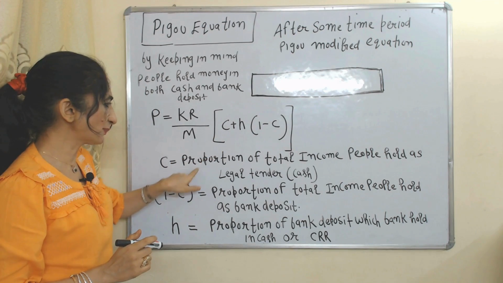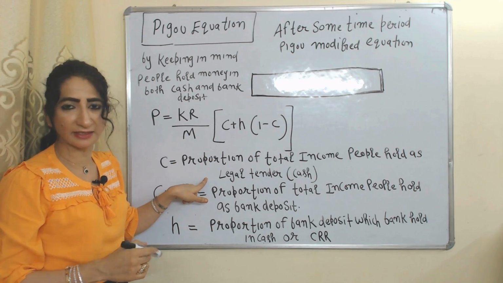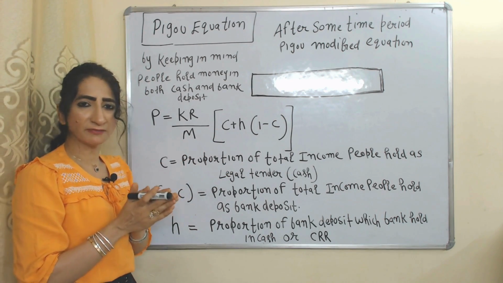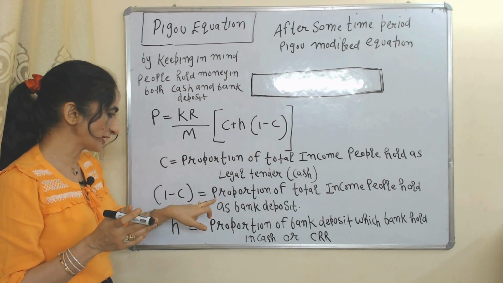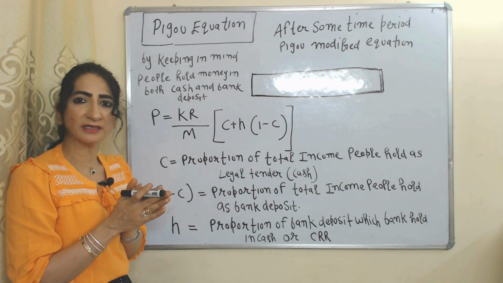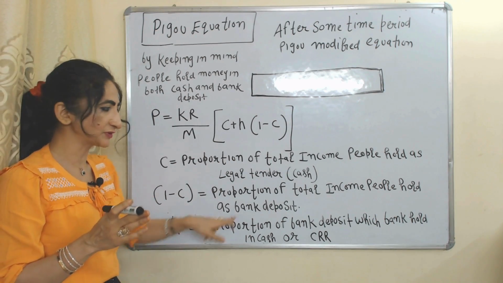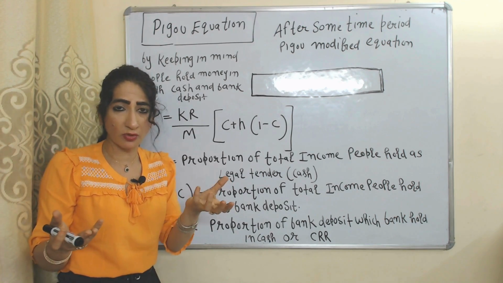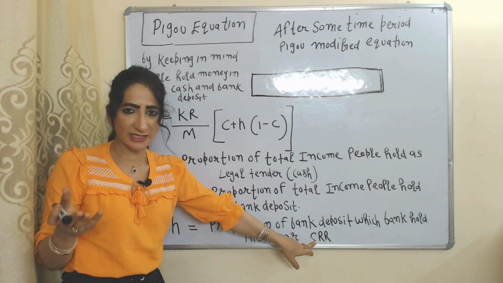Here C represents the part of total income which people hold as legal tender, or cash. 1 minus C represents the part of total income which people hold as a bank deposit, and H represents the part of bank deposits which banks hold as cash. As we know, banks also hold some amount as cash, which is called CRR, the cash reserve ratio.